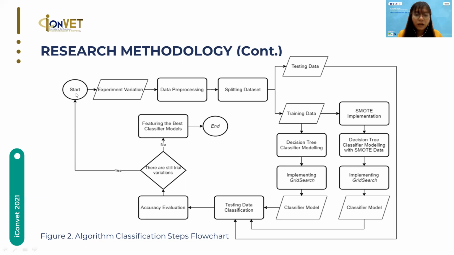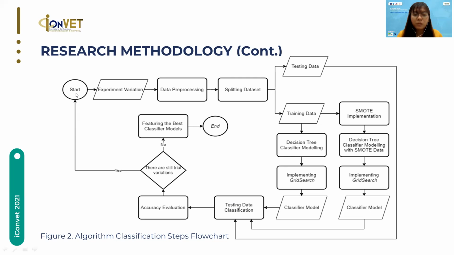Point 5, perform hyperparameter tuning using the grid search method to find the most optimal combination of parameters in the 2 models. Point 6, perform the classification stage on the test data using the decision tree model that has been built.